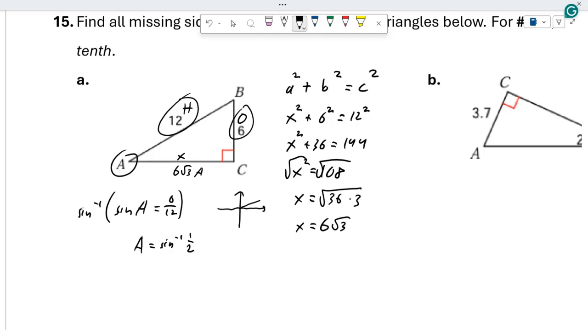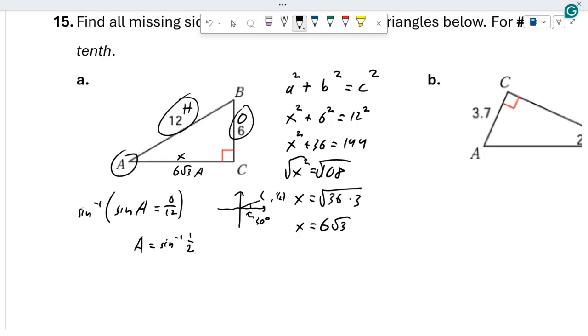And you may remember that on the unit circle, your y value equals 1/2 when you are at 30 degrees. So you could actually avoid using the calculator on this problem if you recognize that sine inverse of 1/2 is 30 degrees.